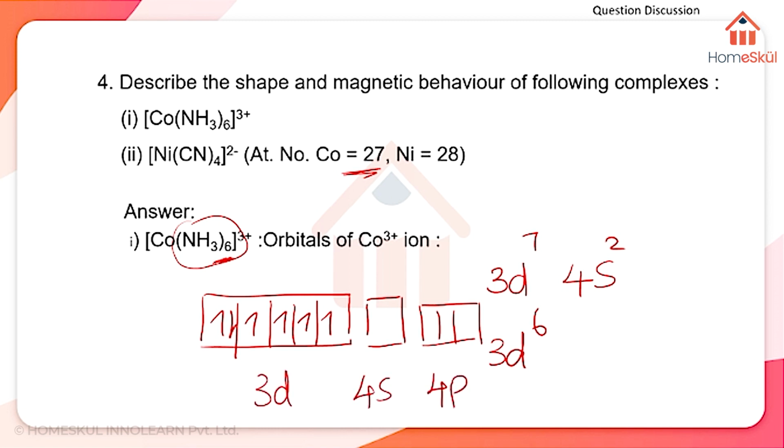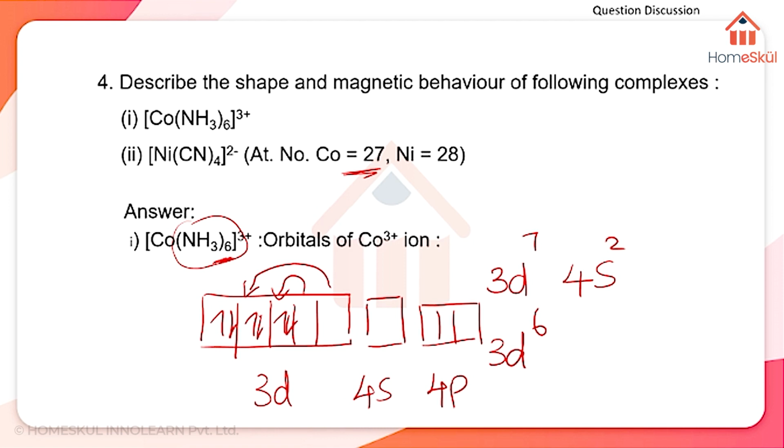We have studied the hybridization concept, right? So here the electrons undergo pairing. After pairing, these 2 electrons will fill here, and we will get empty d orbitals that are ready to accept the lone pairs of 6 ammonia, which is our ligand.